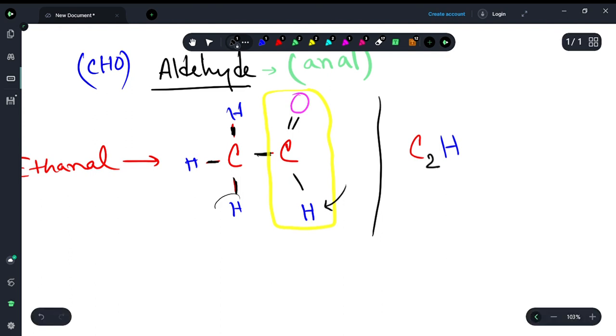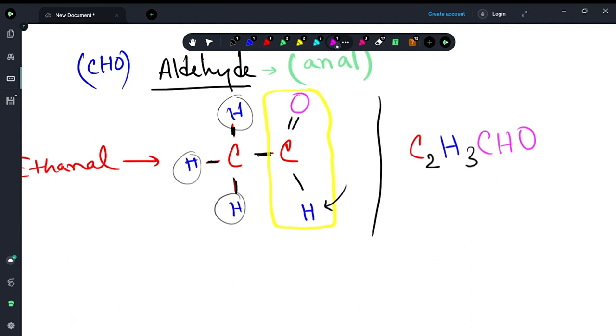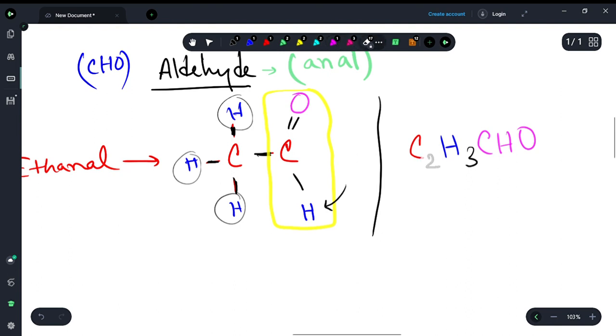We just count these three hydrogens, and then I write the CHO separately. There will be one carbon, because the other carbon is in the CHO. So these two carbons jointly form the ethanol.